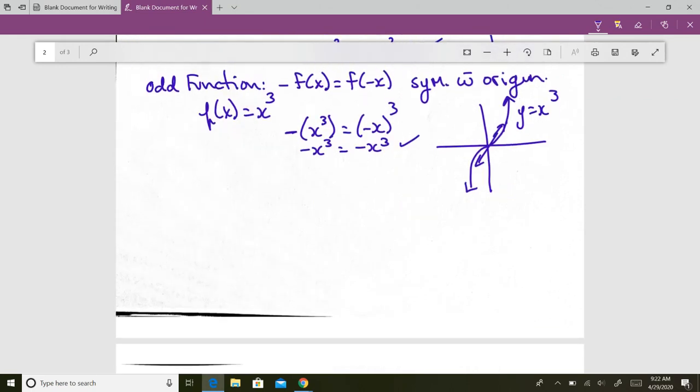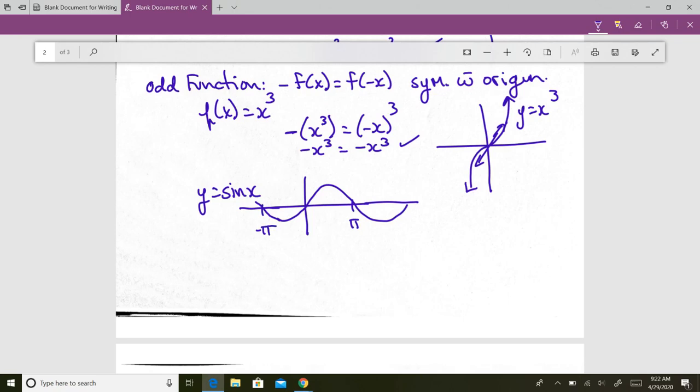Also, the sine function is odd. Sine, so y is equal to sine of x. That is odd because there's our sine graph, pi.